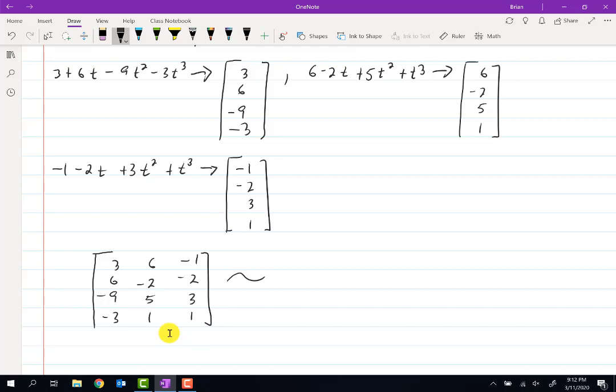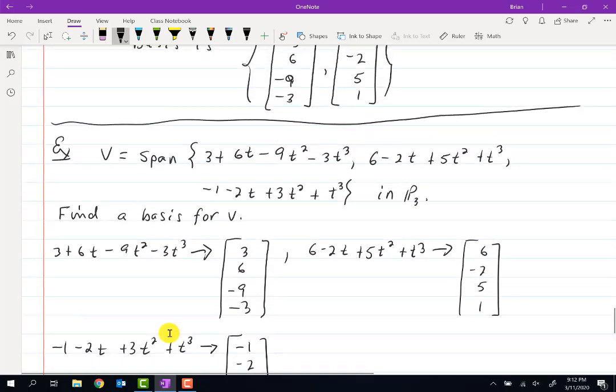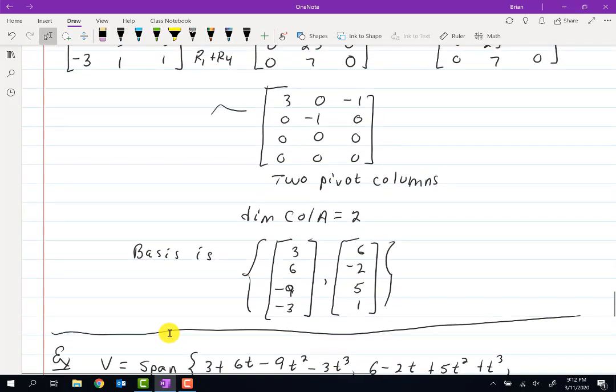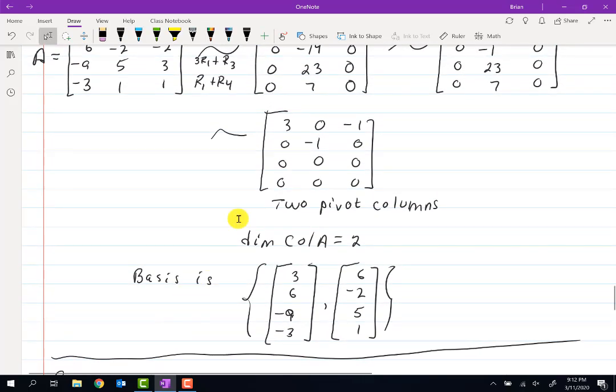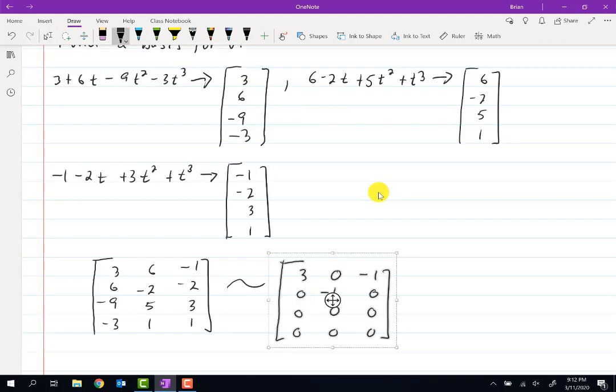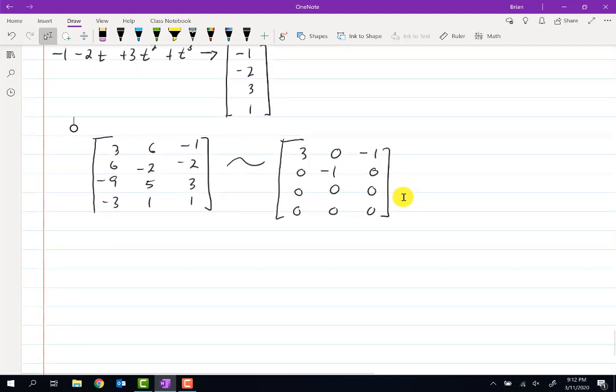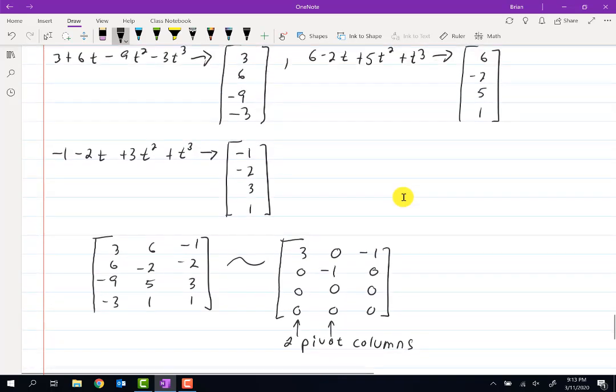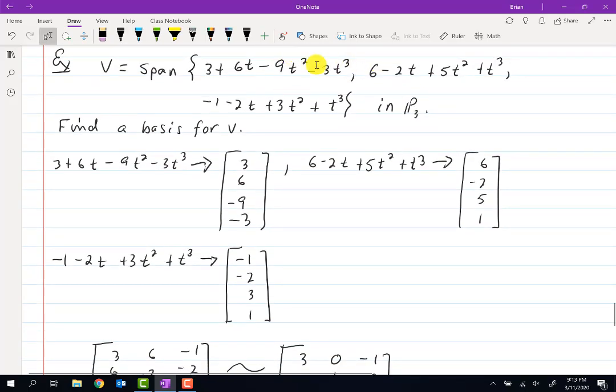And as you know, this was the previous example, so let me just grab its final matrix that I went through all the effort of doing. I think I will take this guy right here. So then, as before, we have two pivot columns. There they are. That means that I should use the first two polynomials as my basis.